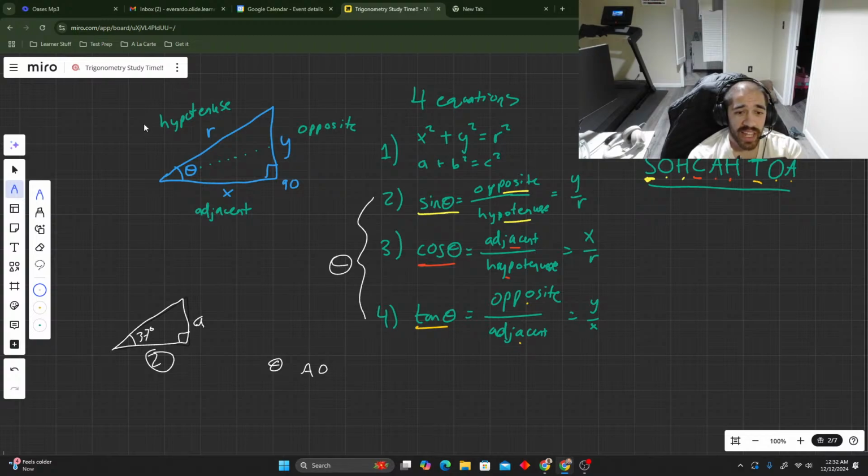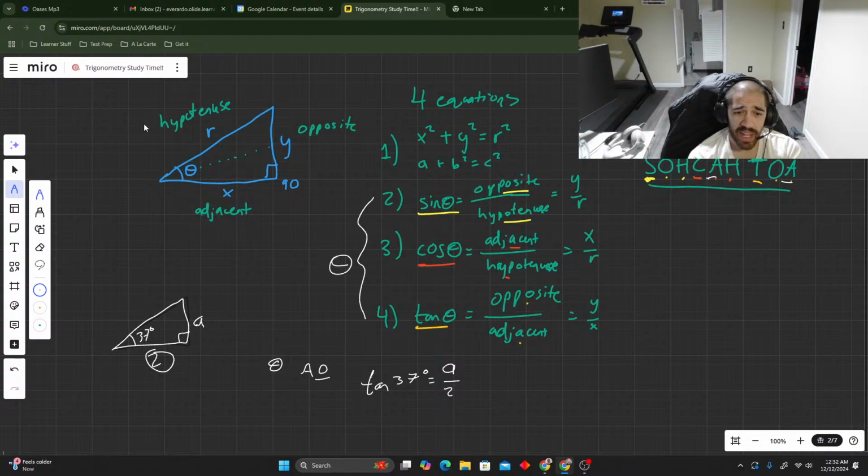So we have an angle, so it's one of these. We have adjacent. It could only be cosine or tangent. For A, you have the O. AO, the tangent. So what you're going to do is plug this stuff in. Tangent of 37 degrees is equal to the opposite, so A, over adjacent, 2.